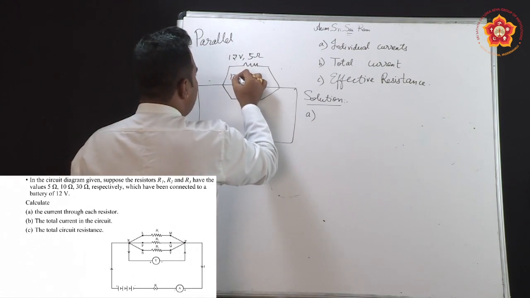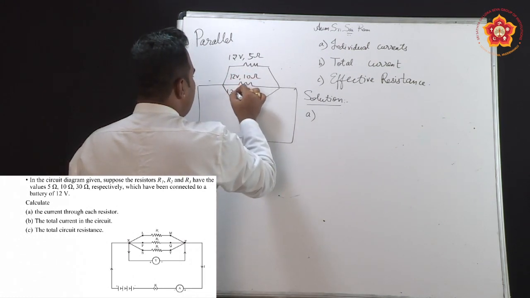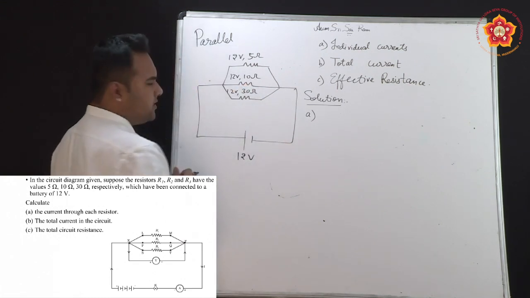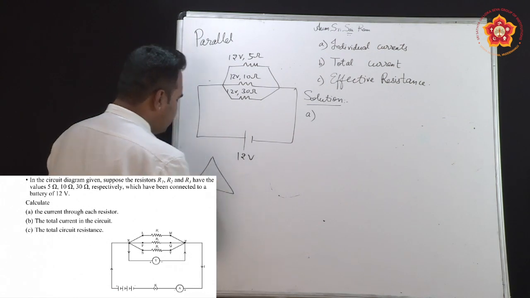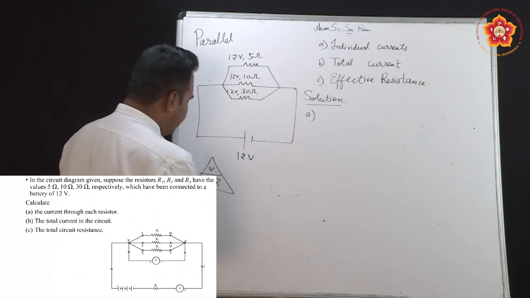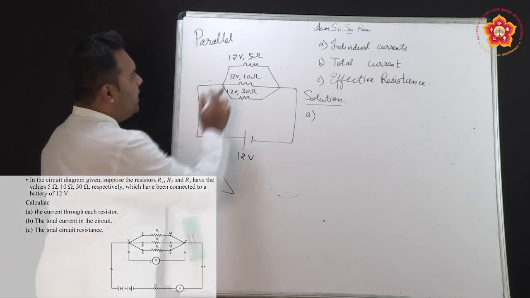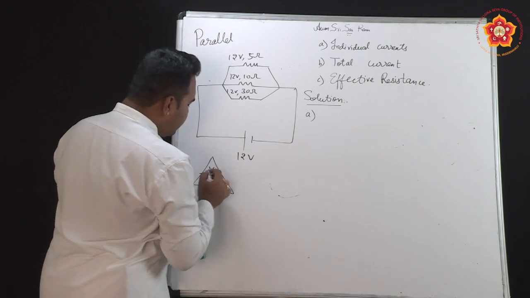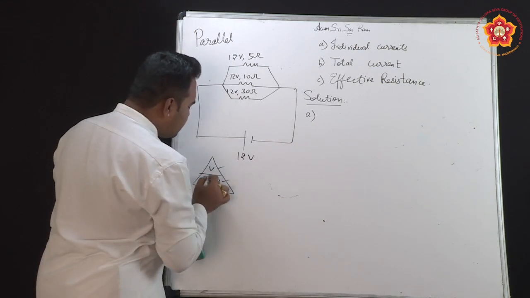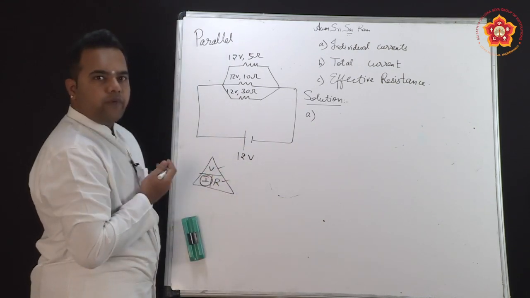Again here also 12 volts, but the resistance is different. Now we all know Ohm's law, V, I, R. This is the mnemonic diagram. I want the individual current. I know the voltage and I know the resistance. What is the current we want to find out?